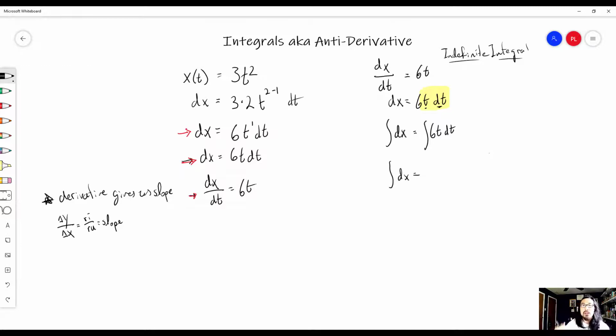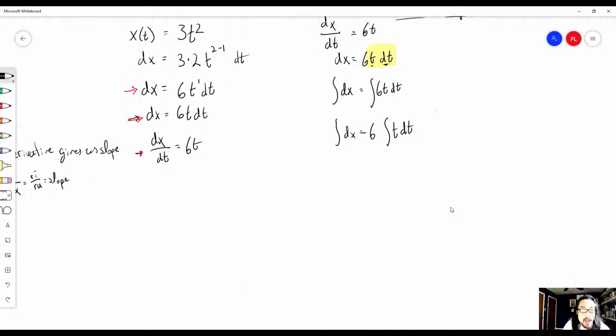I'm supposed to be looking at all of the t variables. Therefore, the 6 that is associated with the 6t is a constant. I don't care about that 6, I only care about the t's. So I'm going to pull the 6 out to the front, and what we're left with is t dt.